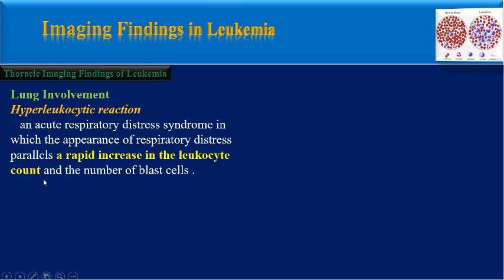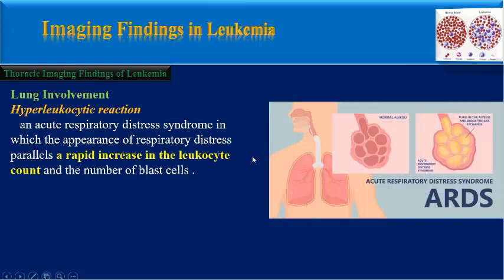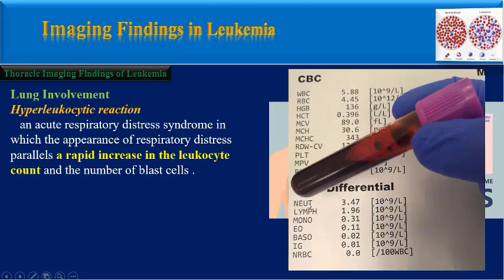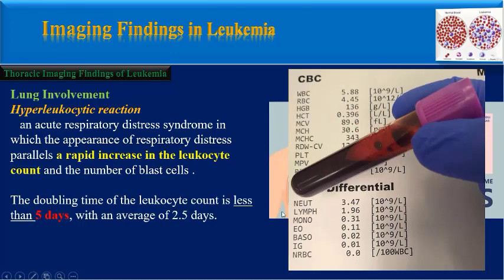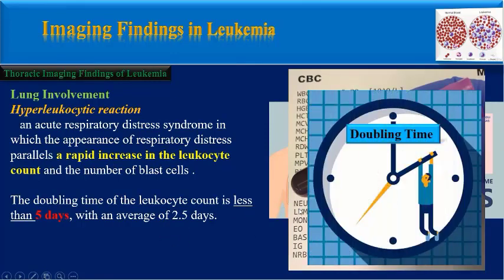Hyperleukocytic reaction is an acute respiratory distress syndrome in which the appearance of respiratory distress parallels a rapid increase in leukocyte counts and the number of blast cells. The doubling time of the leukocyte count is less than 5 days, with an average of 2.5 days.